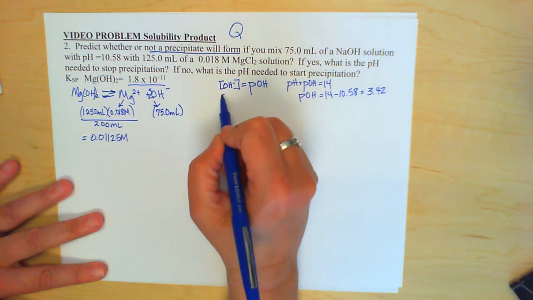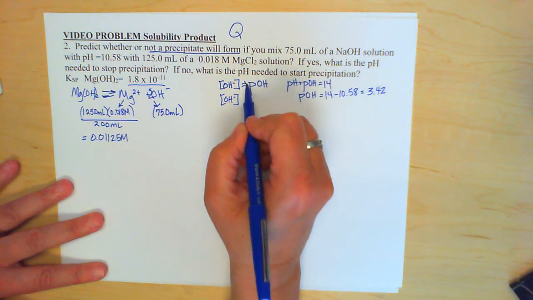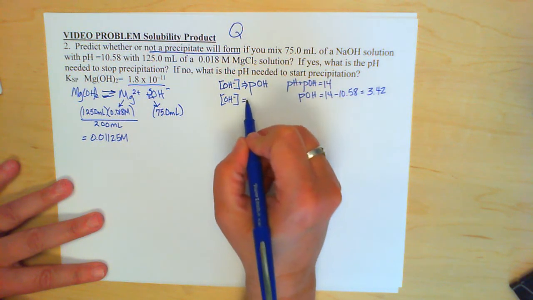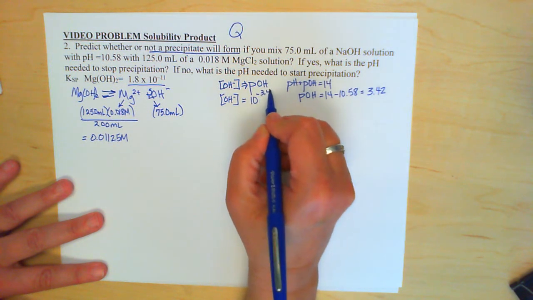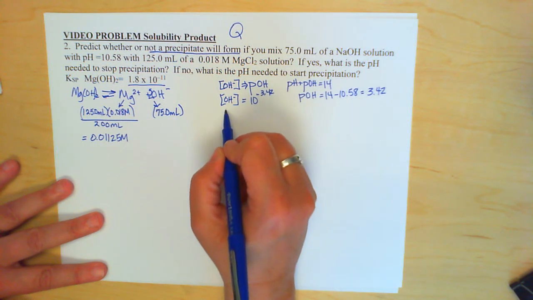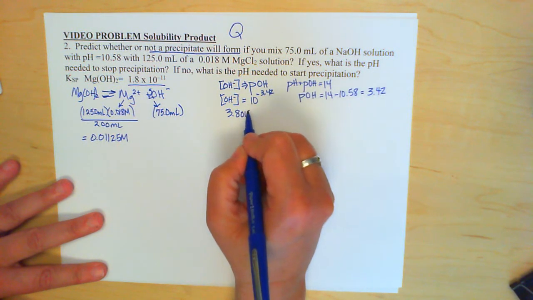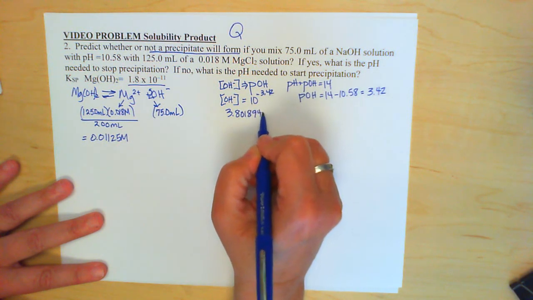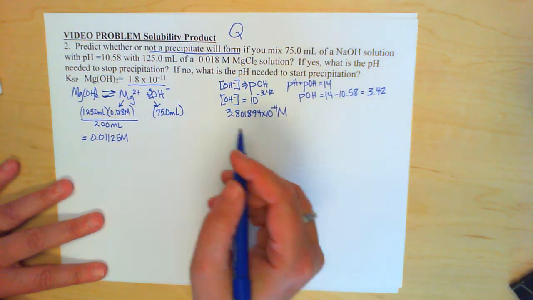So my hydroxide ion concentration is going to be 10 to the negative 3.42, which comes out to be 3.801894 times 10 to the minus 4th molar. All that just to get this.